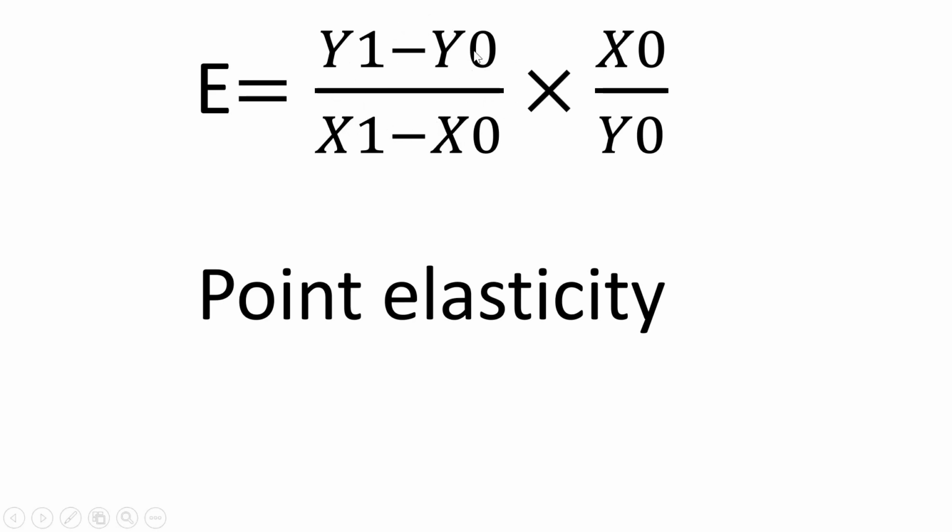So the point elasticity formula is telling us that we take the slope of the function and multiply by the ratio of the determinant and the variable, their old values.